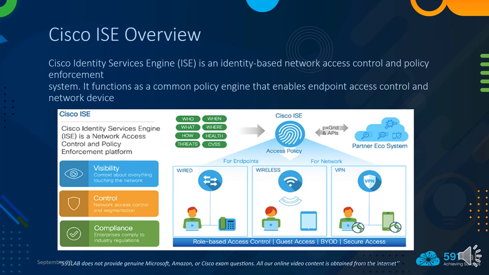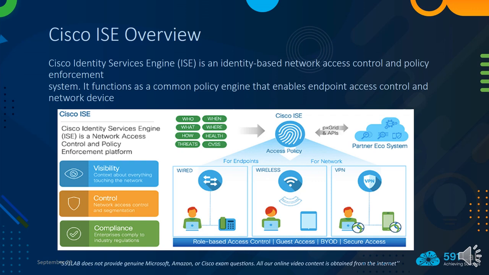ISE will provide your environment with many features, like visibility into all your network devices and endpoints, like mobile, PC, laptop, and so on, and also network devices like wireless access points, switches, and routers. It will give you full control over all these devices, like enforcing any policy, allowing access to some resources and denying access to others.